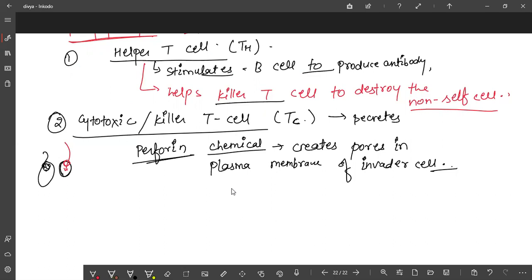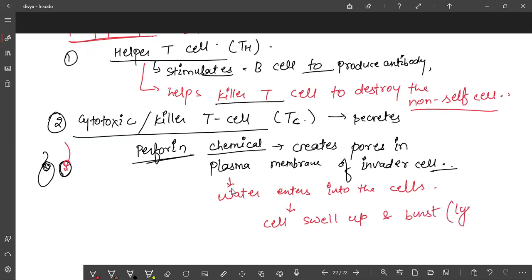So here, this perforin chemical creates pores in the plasma membrane of invader cells. As a result, what happens? Water enters into the cell. And what happens? The cell will swell up and burst.